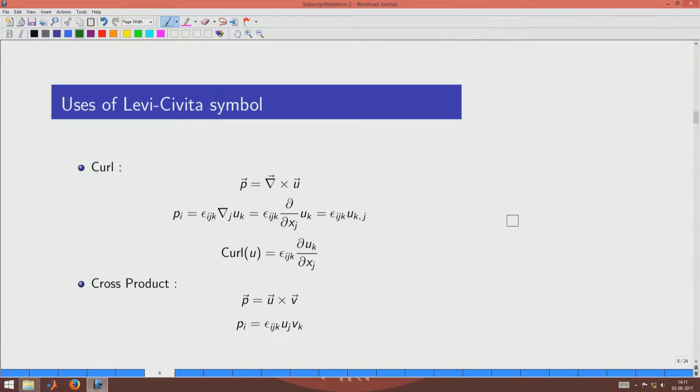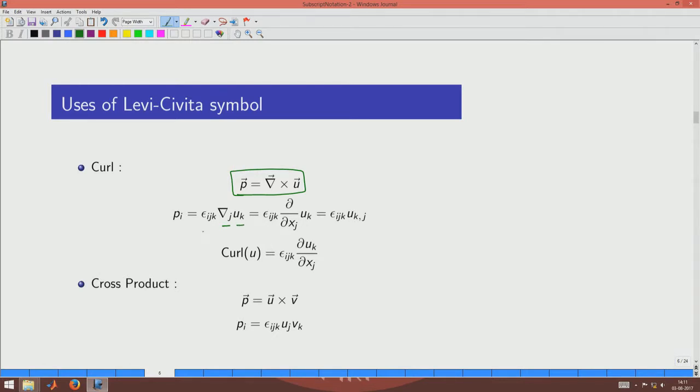Here, let us take the curl of a vector u. So, here we have got the curl of vector u, which is given by the vector p. The way the curl operator is going to translate in the subscript notation is as follows. We know that operators can also be given a subscript. So, in this case the operator is given a subscript j, and the vector has to be given a subscript, so that is k.